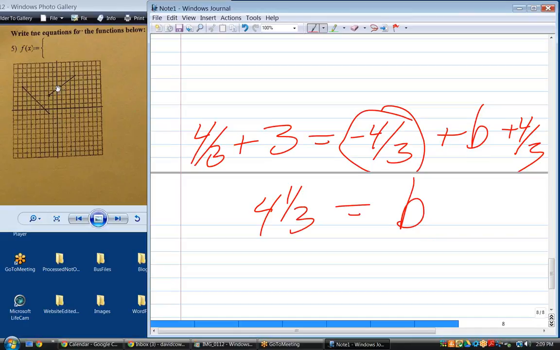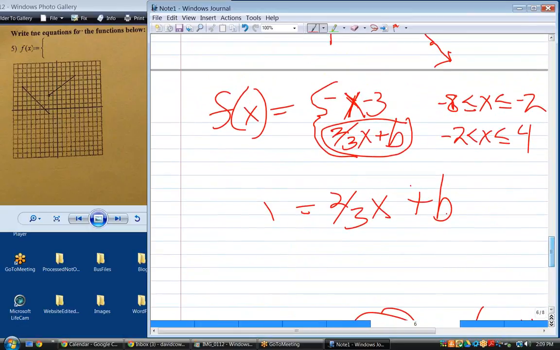So that point is actually 4 1/3 on the y-axis. So now my equation, since I know b and it has to go in there, is 2/3 x plus 4 1/3.